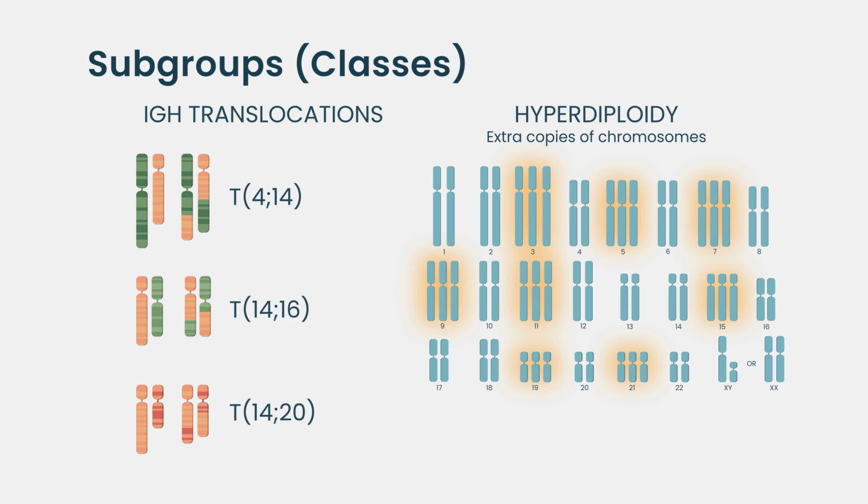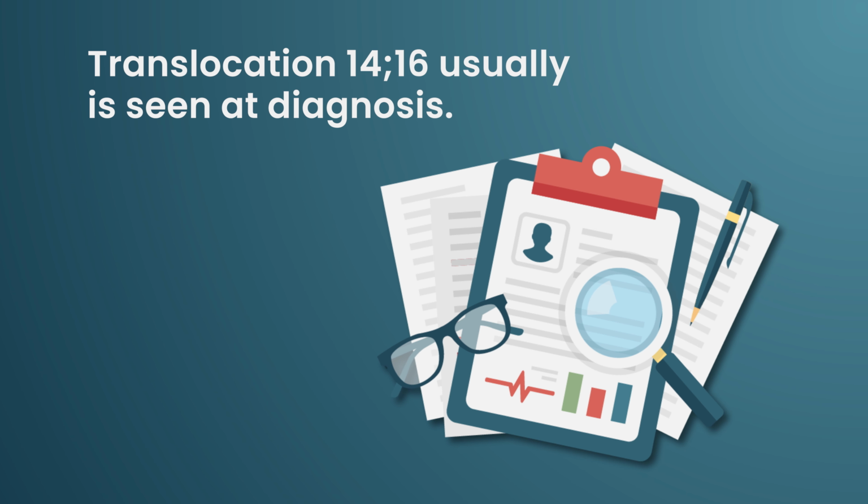So that is, patients will either have translocations of IGH, the chromosome 14, or they will have hyperdiploidy. This event generally occurs early on in the MGUS or smoldering stage. However, it is possible that a patient could acquire it later on, but that's uncommon. So most patients will have these translocations early in their disease.